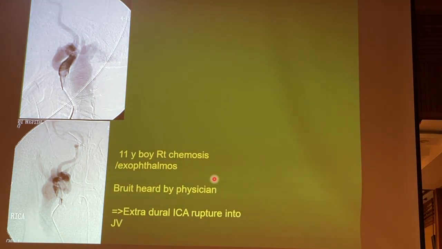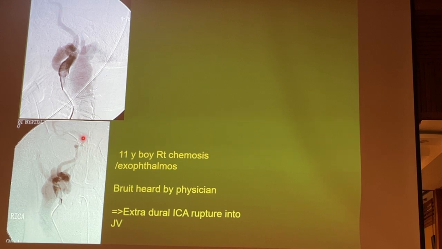We have this boy who presented with mild right chemosis and exophthalmos. This catheter was put in the internal carotid artery. What do you see? For sure a large internal carotid kinking, and you see rapidly filling veins, and you have something going up above here.